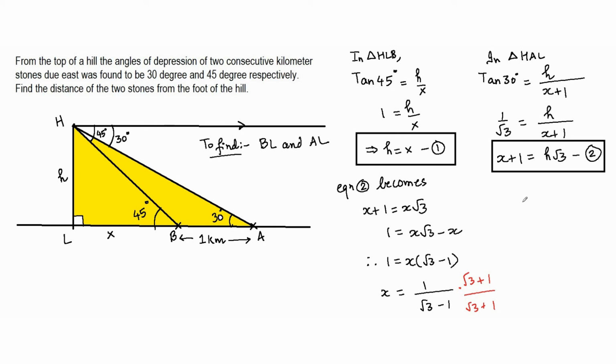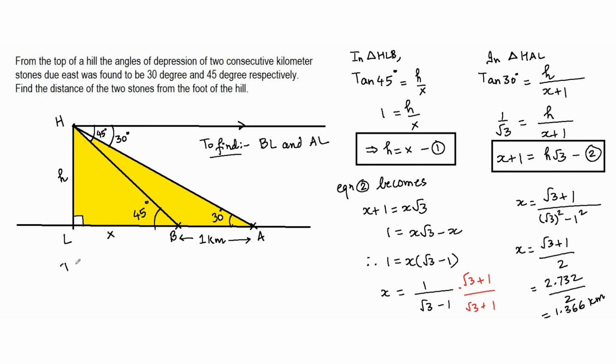And therefore, I get x equals root 3 plus 1 divided by a square minus b square, which is root 3 square minus 1 square. And therefore, x is root 3 plus 1 upon 3 minus 1 is 2, which is 1.732 plus 1 is 2.732 divided by 2, which is 1.366 kilometers, right?